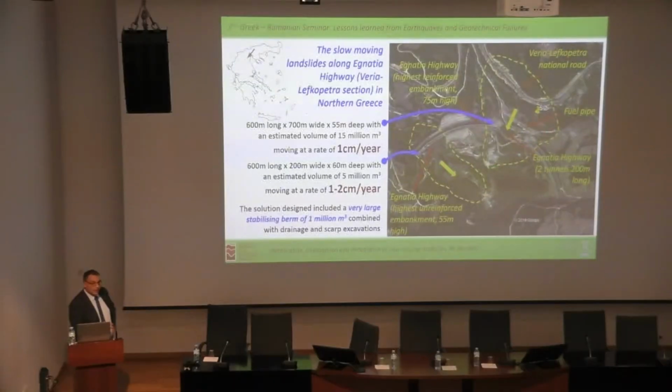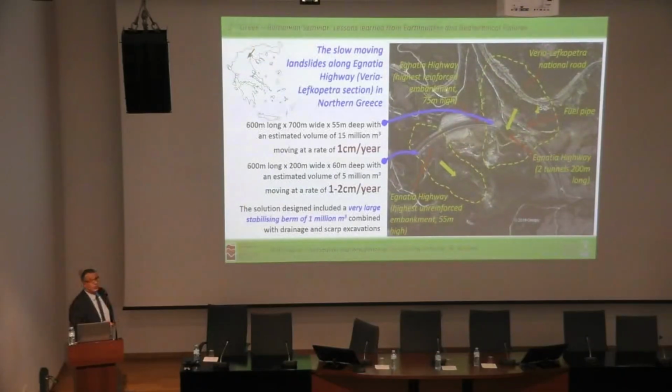And I have two examples that are very close to one another, along Egnatia Highway between the city of Veria and the city of Levkopetra, one of them being a landslide with a volume of approximately 5 million cubic meters moving at a rate of 1 to 2 centimeters per year, involving the highest unreinforced embankment in Greece, an embankment which is 55 meters high, and something like 250 meters away, another landslide in the order of 15 million cubic meters that is moving at a rate of 1 centimeter per year, and it takes with it the highway, the only alternative being the national road, 2 tunnels of the highway, and a fuel pipe, a military fuel pipe crossing between the two.